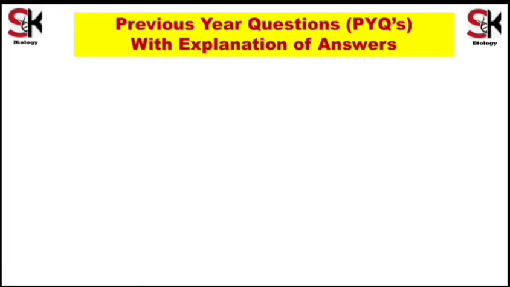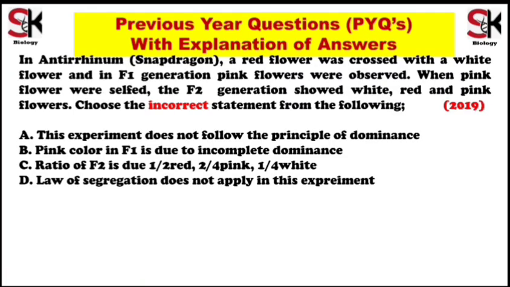Next question. In a snapdragon plant, a red flower was crossed with white flower, and in F1 generation, pink flowers were observed. When pink flowers were selfed, the F2 generation showed white, red and pink flowers. Choose the incorrect statement from the following. You have to read the question carefully. They are asking for the incorrect statement.